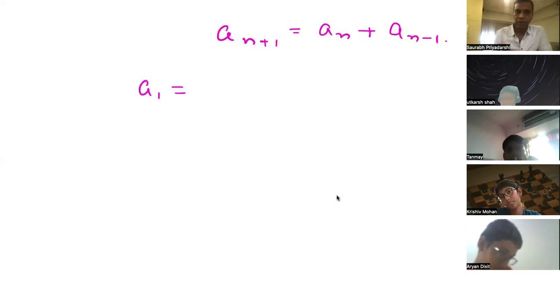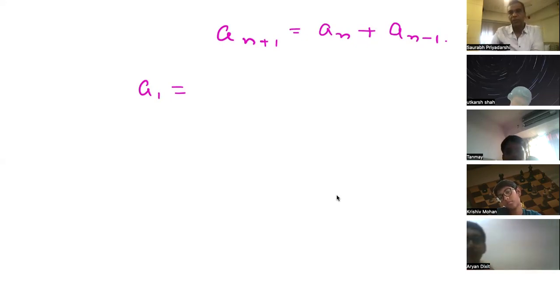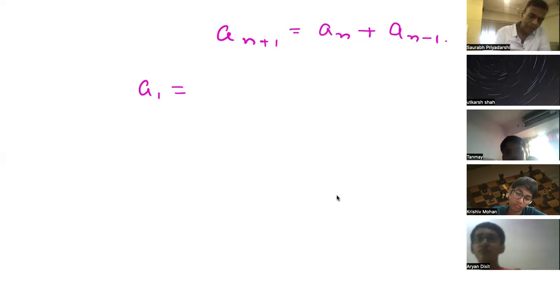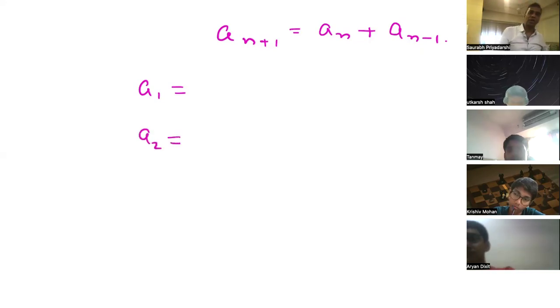If we are tossing a coin one time and not getting two consecutive heads, and let the last term be head, ending with head, and no two heads are consecutive, find A1 and A2. What is the value of A1 and A2?